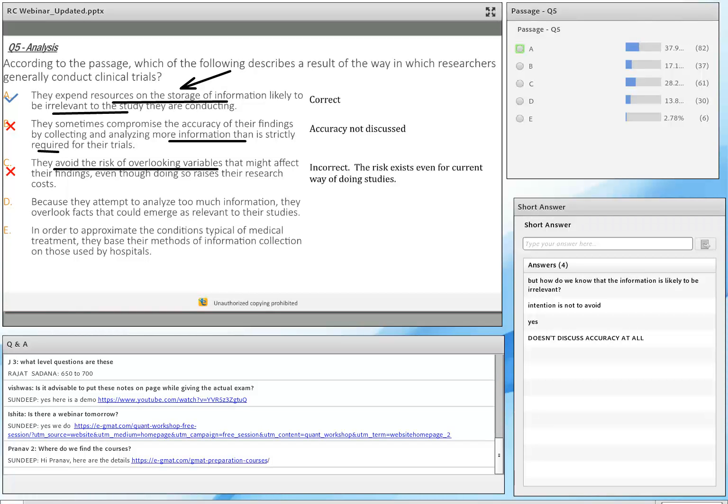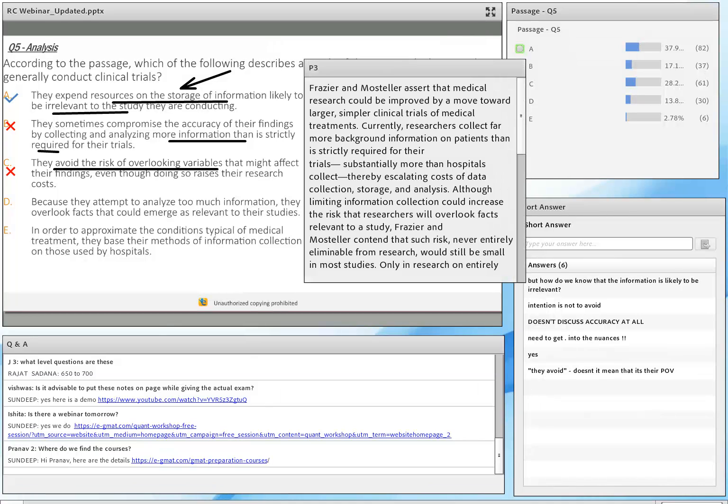Okay, how do we know that the information is likely to be irrelevant? Let's go over here. You see this part over here? Currently researchers collect more than is strictly required for their trials. Do you see this part over here?